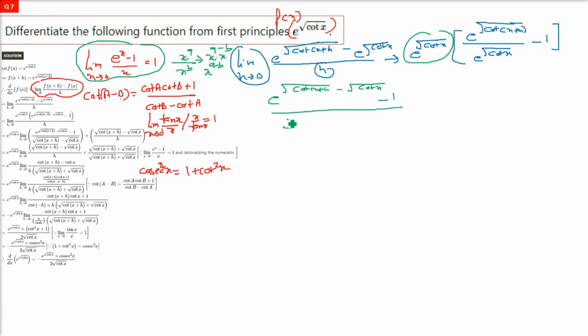So we need this term, under root cot x plus h minus under root cot x. So this term we require. Okay. So what we will do here is this under root cot x plus h minus under root cot x that we have introduced.